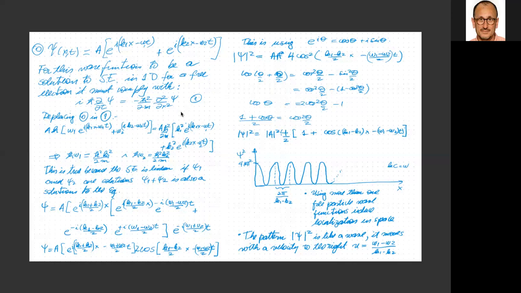The product of those two things gives minus k1 squared. And this minus sign cancels the minus sign coming from the derivatives, and I get this expression. So this thing will be a solution to equation 0 if these two things are true, that ħω1 is equal to ħ squared k1 squared over 2m, and ħω2 is equal to ħ squared k2 squared over 2m.